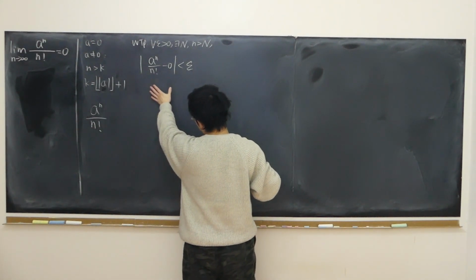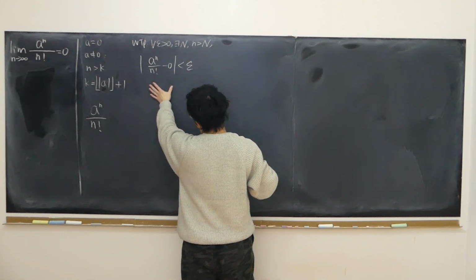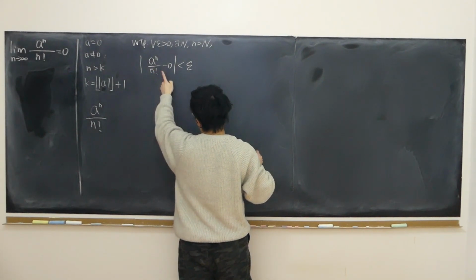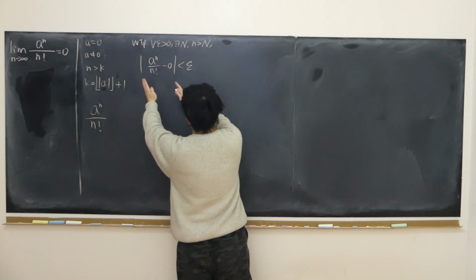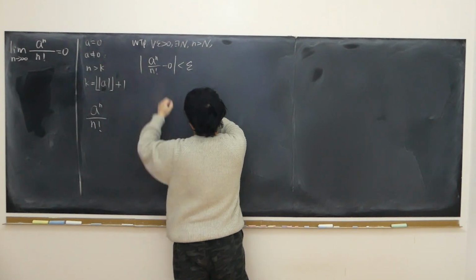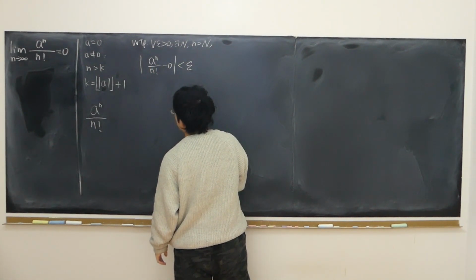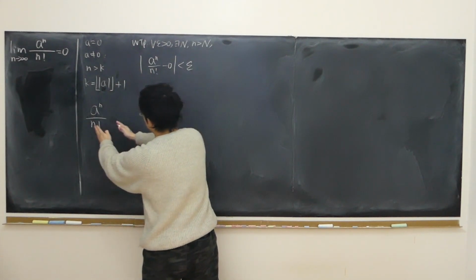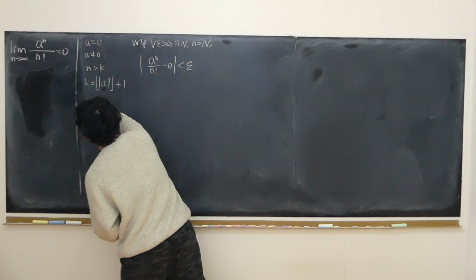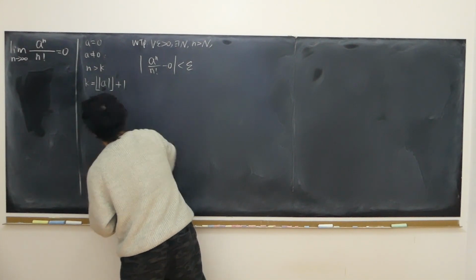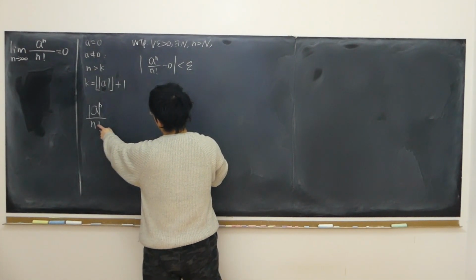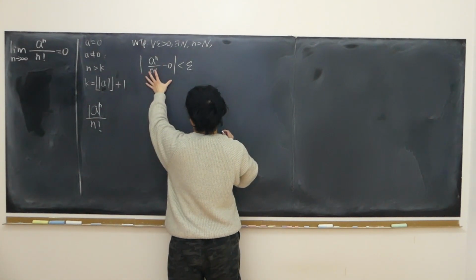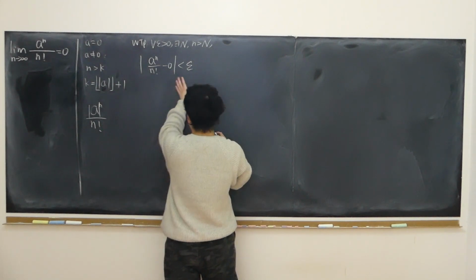Now, the left-hand side can be written as, because this quantity minus 0, the absolute value, is equal to the absolute value of just this quantity. Then I can rewrite it: the absolute value of a raised to the power of n over n factorial is equal to this left-hand side. Can I prove it to be less than epsilon?